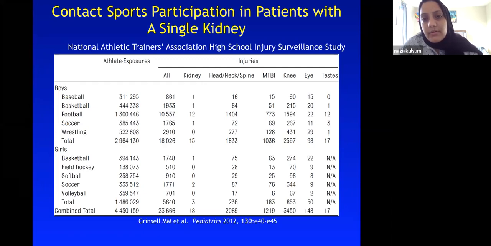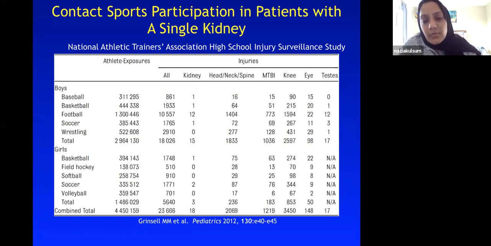So the risk for injury from any kind of direct contact is less. But once they undergo hypertrophy, these kidneys are more palpable. So any kind of direct trauma would cause kidney lacerations, contusions, and most of the time, if it is very severe, then they may lose that kidney.